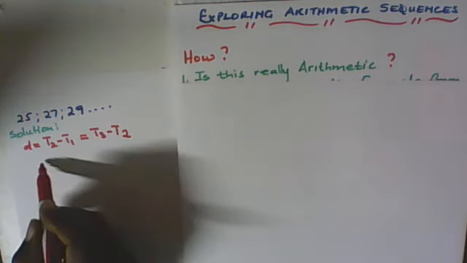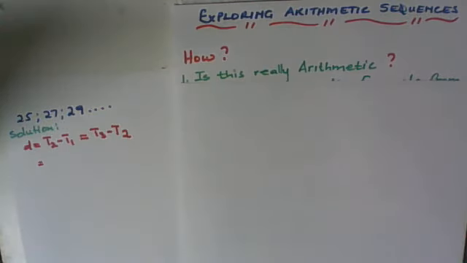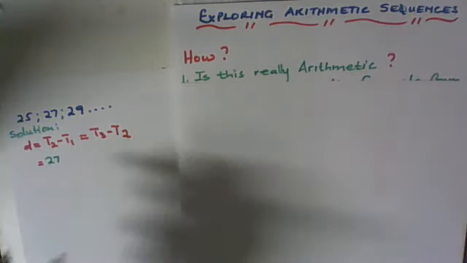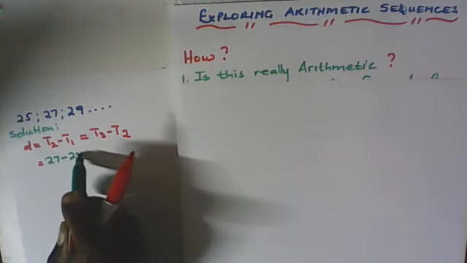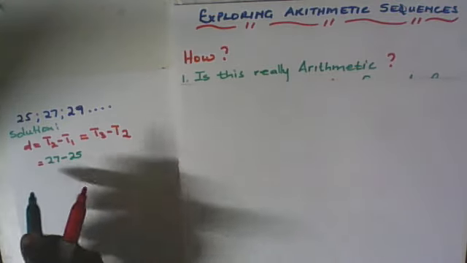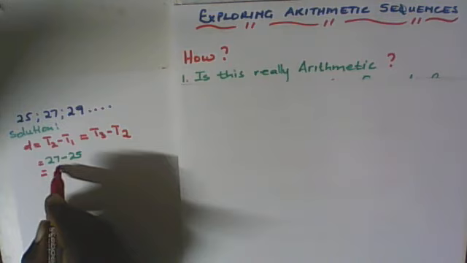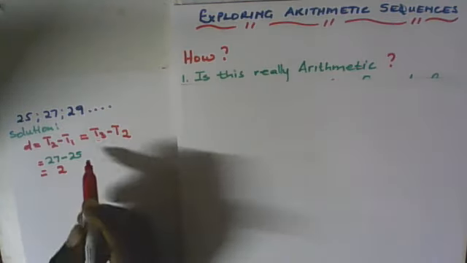In this case, term number 2 is 27. Then subtract 25. And this gives us 2. Now let's check.